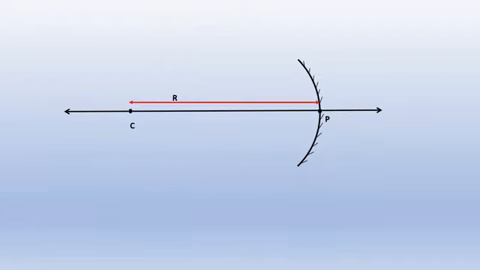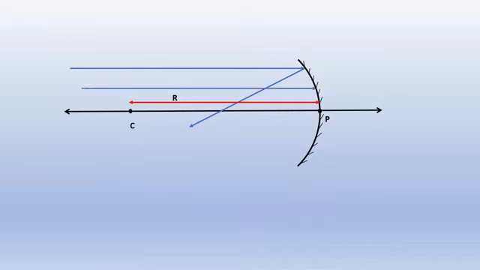Now imagine a light ray which is parallel to the principal axis incident on the concave mirror. After reflection, it passes through a point on the principal axis. If we consider another light ray, this also gets reflected in such a way that it passes through the same point on the principal axis.